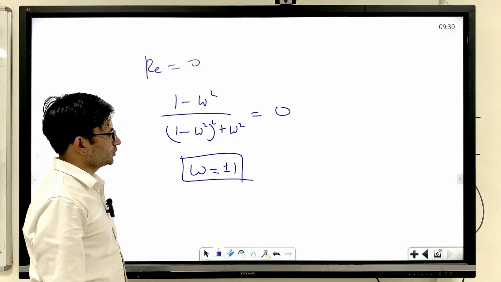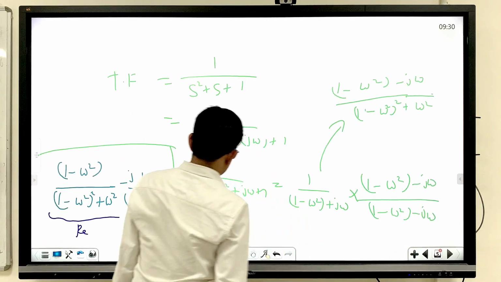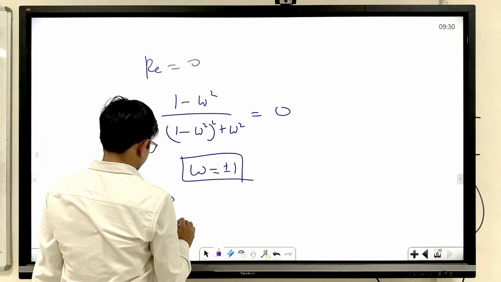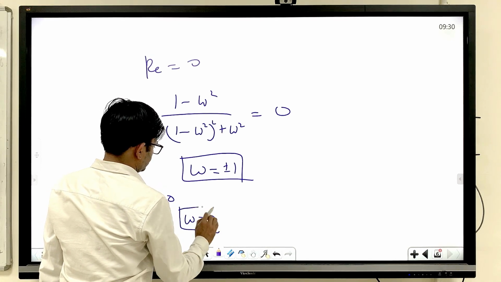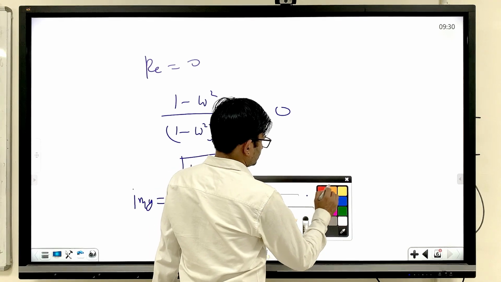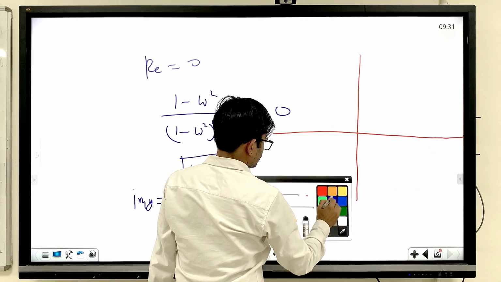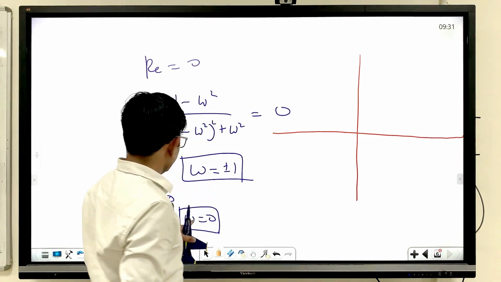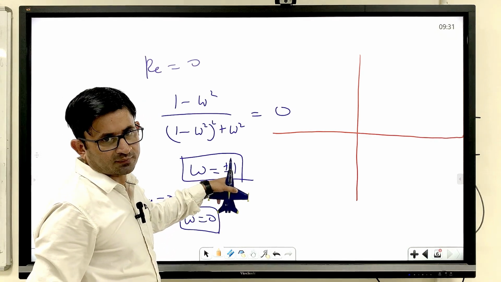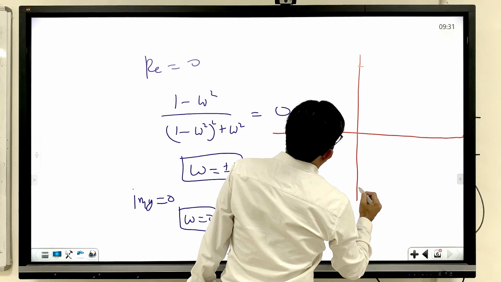When you put imaginary equal to 0, then simply omega equal to 0, right? So now, at the imaginary axis it is crossing plus 1 and minus 1, right? So I will locate plus 1 and I will locate minus 1.